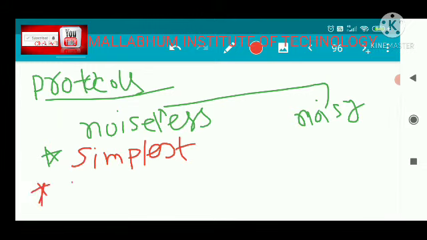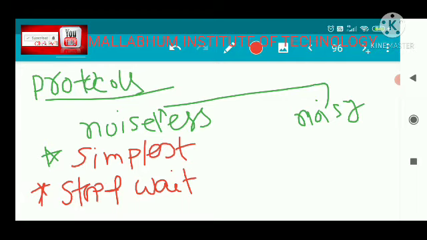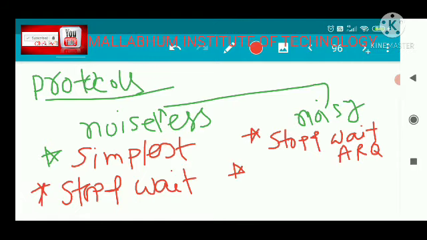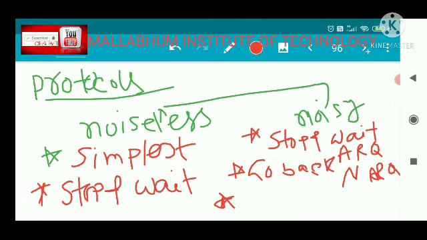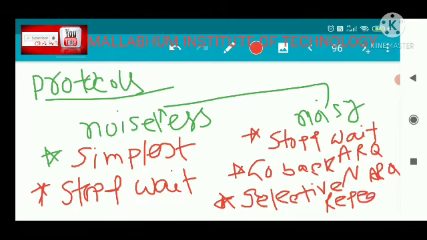and the stop and wait protocol. For the noisy channel, it is stop and wait ARQ, which we will discuss one by one later on, go back N ARQ, and the last one is selective repeat ARQ.